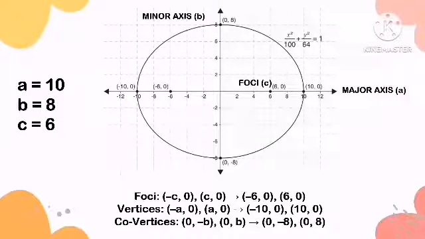So our vertices here are at 10. Our minor axis or our B would be 8 since we already have the value of B. So let's just put it on our graph. We also have the value of C which is 6. So let's put it inside of our vertices, and now we're already done with our graphing.